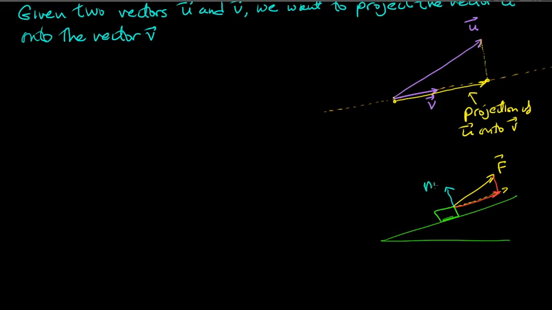Another word for perpendicular is normal. So this is sometimes called the normal force. And in this case, the red vector here, well, that's the force that's parallel to the ramp. We can call that the tangential force. It's a little sloppy, but yeah, so tangential.